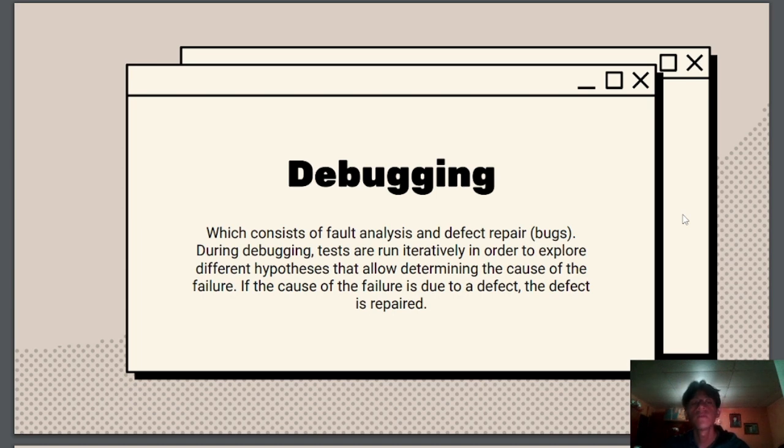During debugging, tests are run iteratively in order to explore different hypotheses that allow determining the cause of the failure. If the cause of the failure is due to a defect, the defect is repaired.